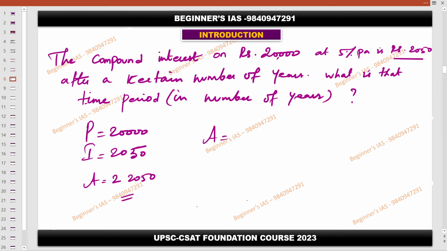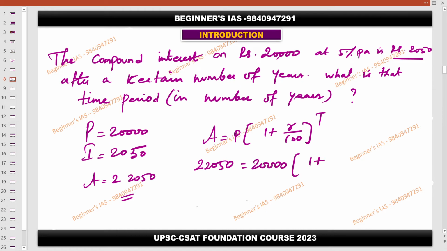You know A is equal to P into (1 plus R by 100) the whole power T. T only you need to identify. This is indirectly provided, and this is also provided, 1 plus 5 by 100 the power T. This is what you need to calculate here.